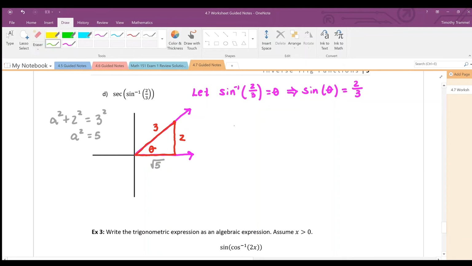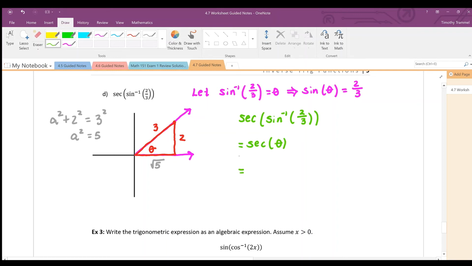All right, next, we can actually start to finish this problem. We started off with secant of sine inverse of 2/3, which we defined sine inverse of 2/3 to be theta. So we get secant of theta.